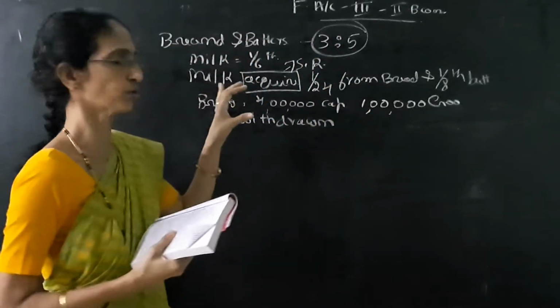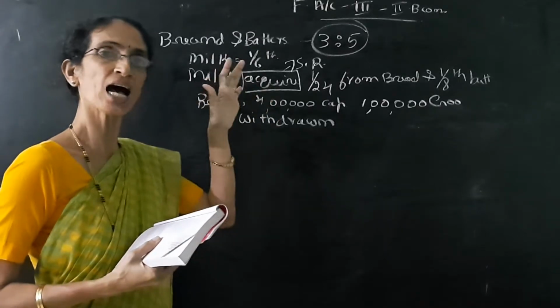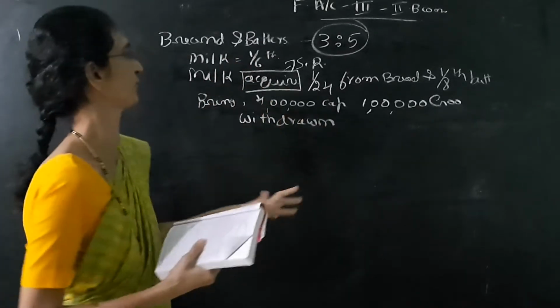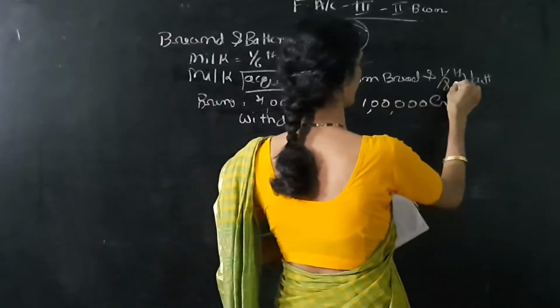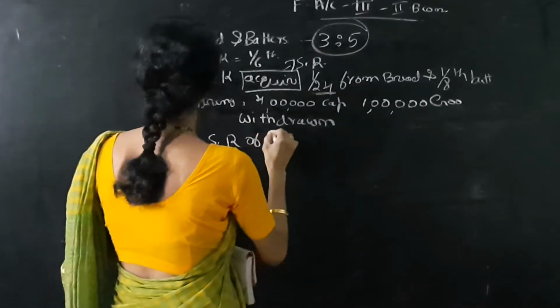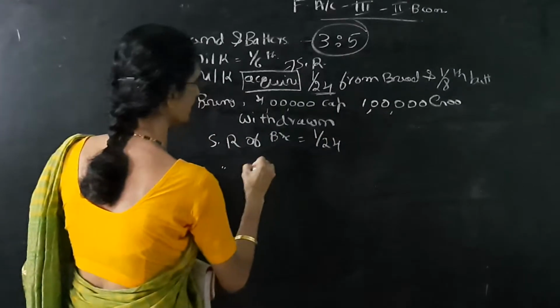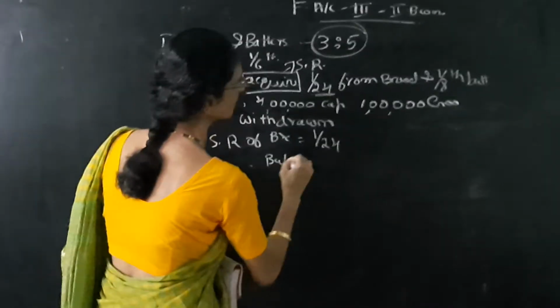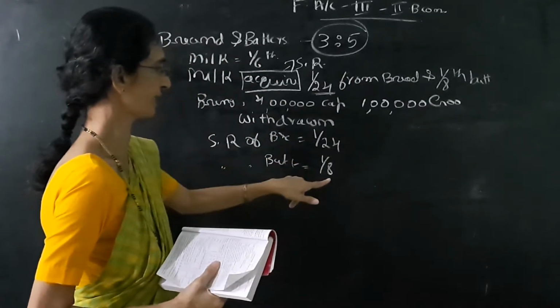So if acquire and obtain is given, that itself means it is the sacrifice ratio. So it is given the sacrifice ratio, 1/24 from Bread and 1/8 from Butter. Here it is 24, here it is 8.